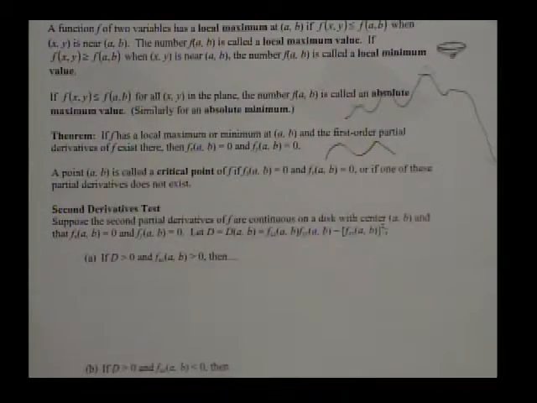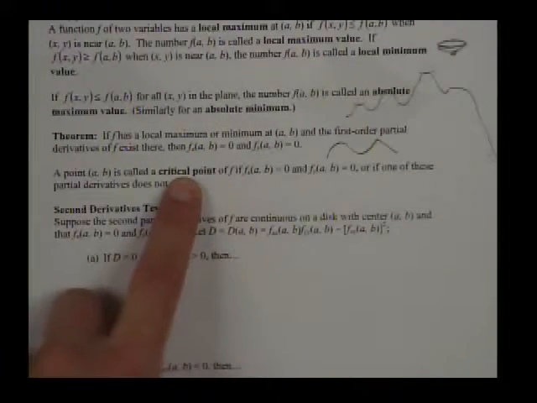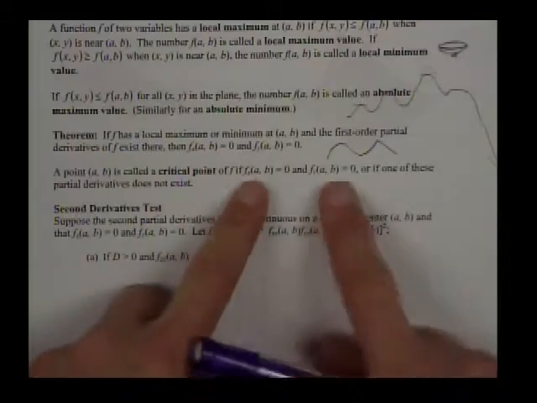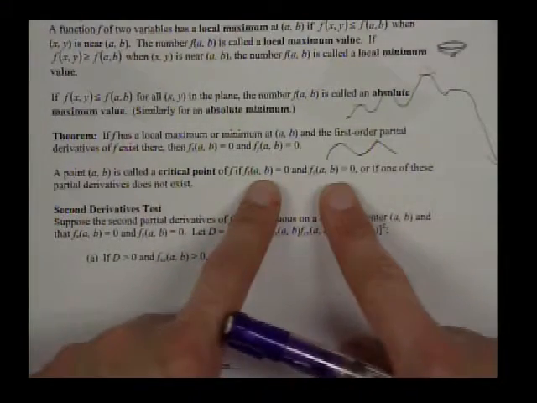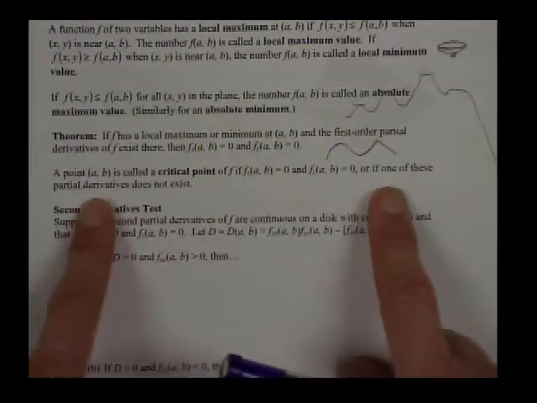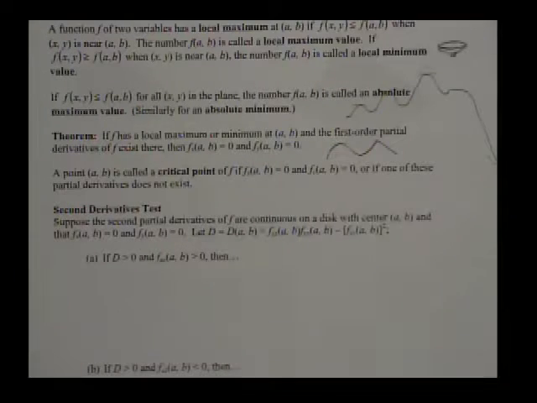There's a local max here, the derivative is 0, but there's also a local max here, and the derivative doesn't exist. So when we look for local max or local min values, we're going to look for critical points, which is where both of the first partials are 0 or one of those doesn't exist. Those points will be candidates for local max or min. Just because those things happen doesn't mean it's a max or a min.